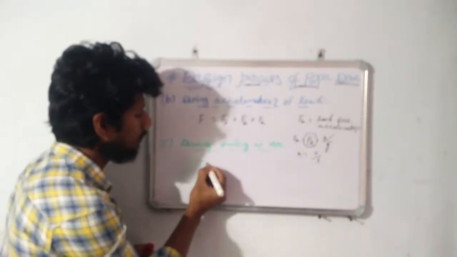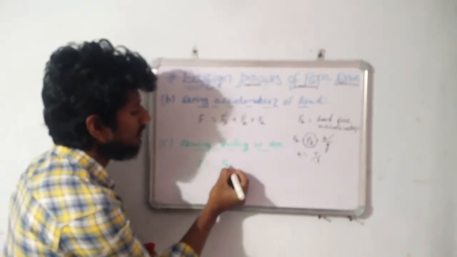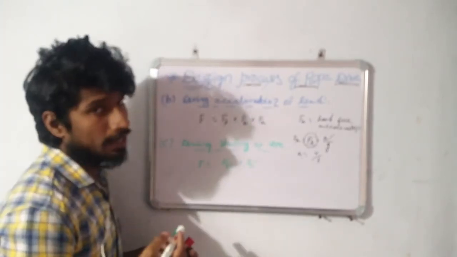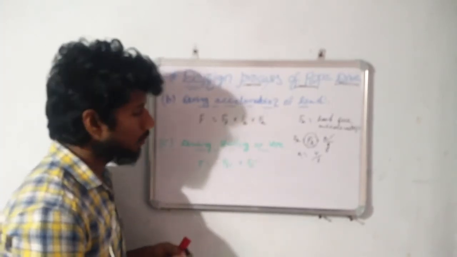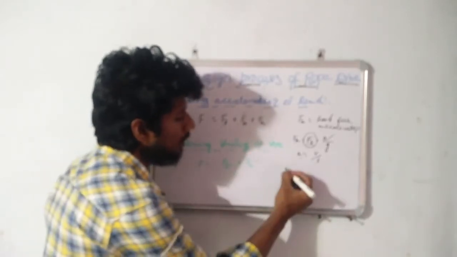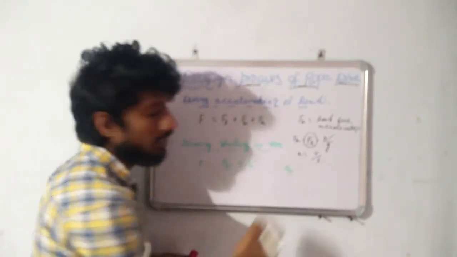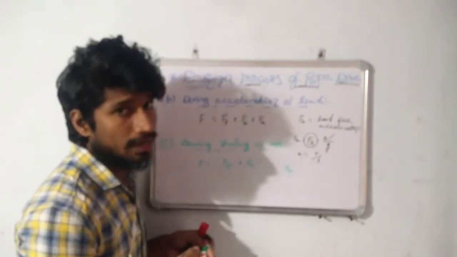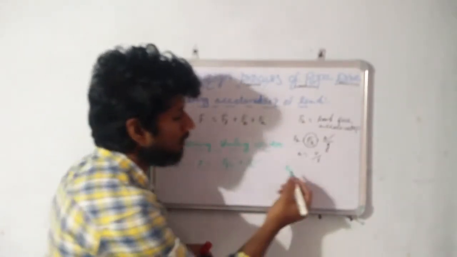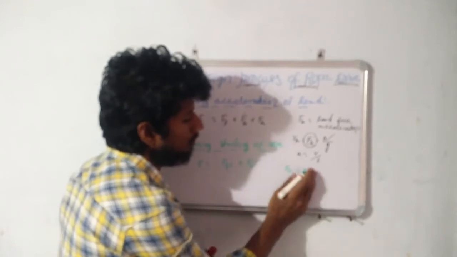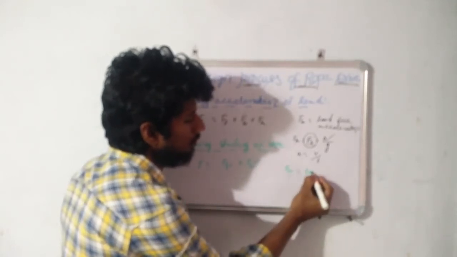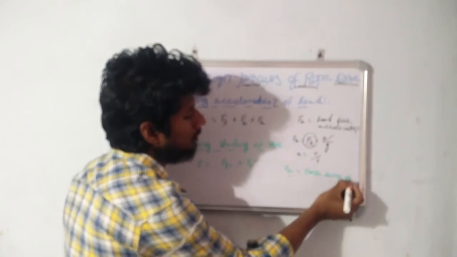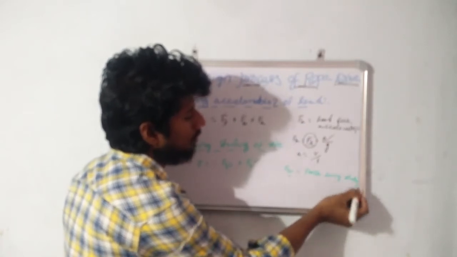So F equals FST plus FB, the bending load acting on the rope. And what about the FST? Here FST is the load or force acting during starting condition, the force during starting of the rope.